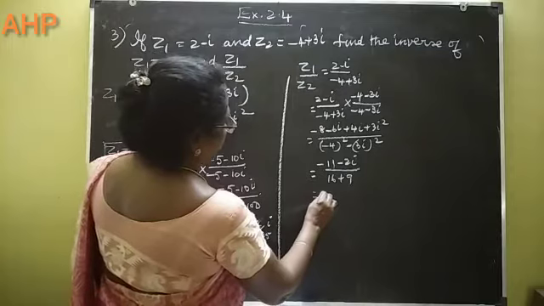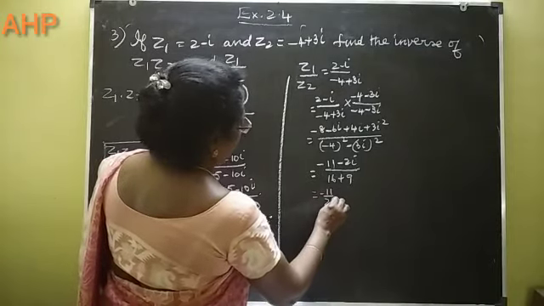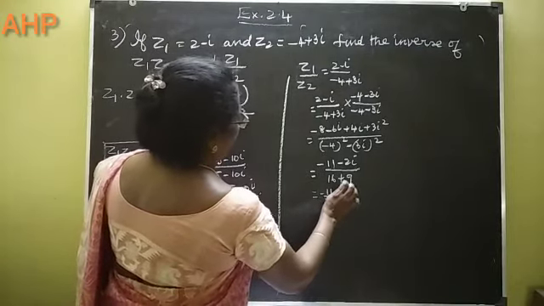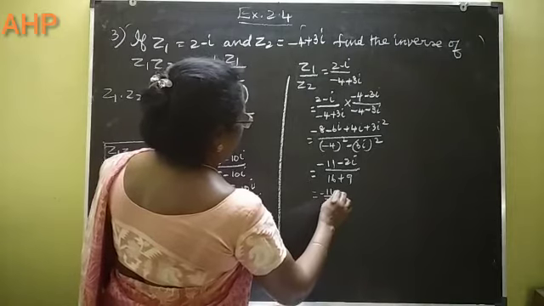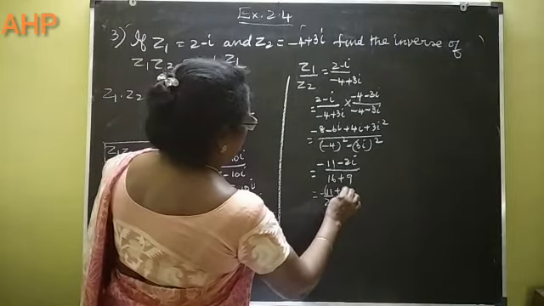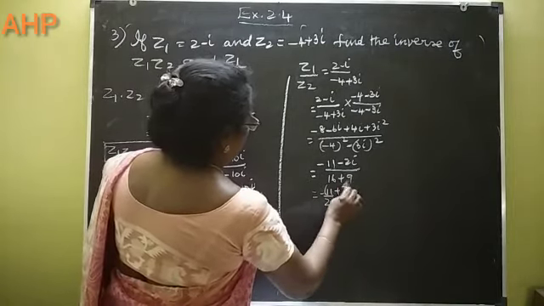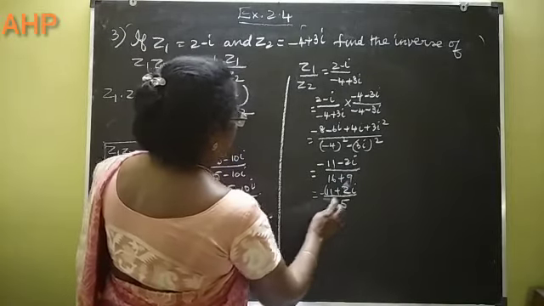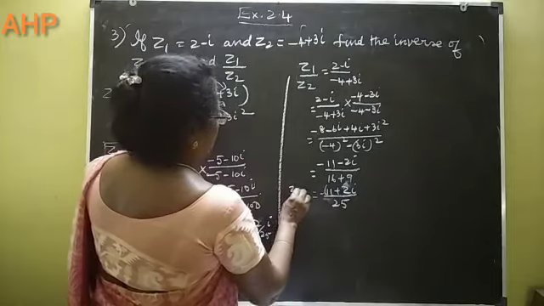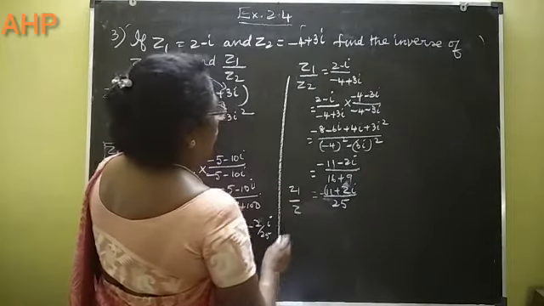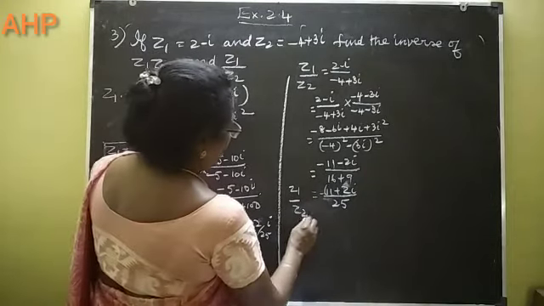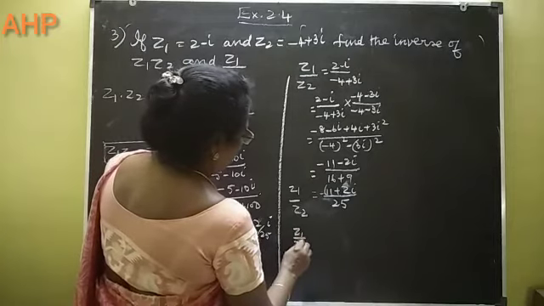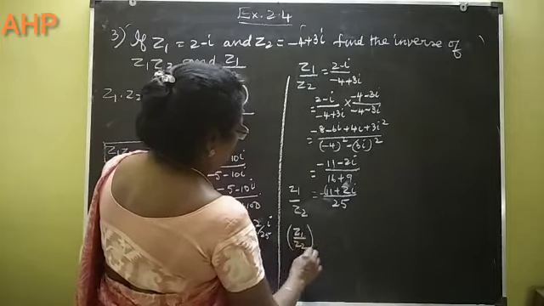So this is equal to minus 11 by 25, minus of 11 plus 2i divided by 25. This is z1 by z2. Now we are asked to find z1 by z2, the whole inverse.